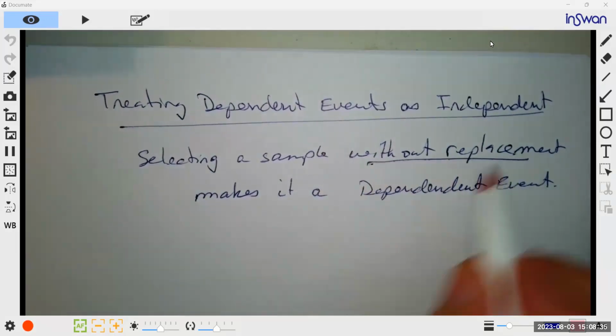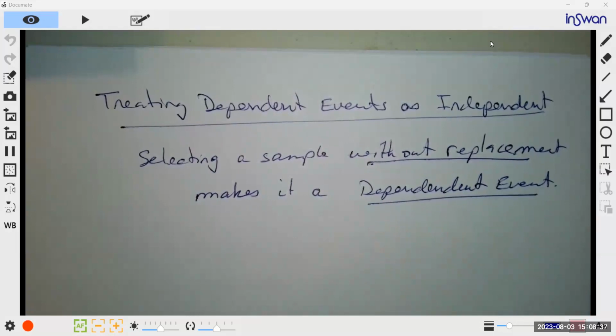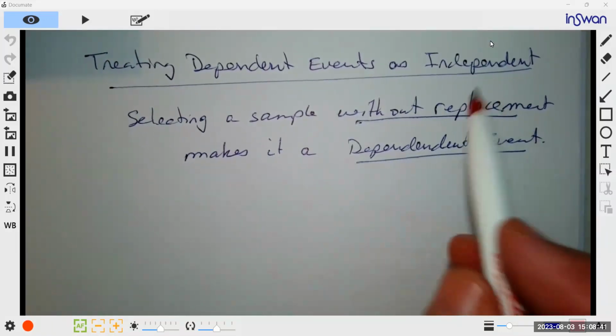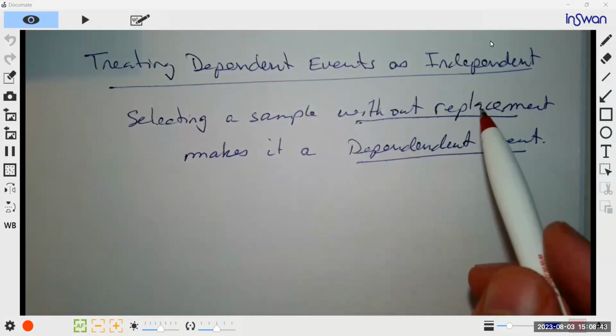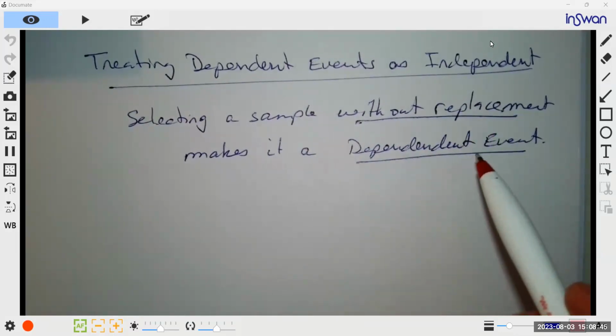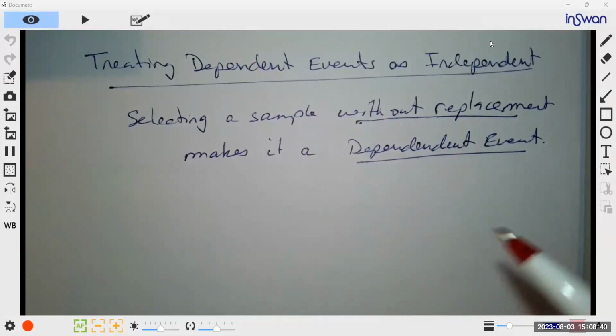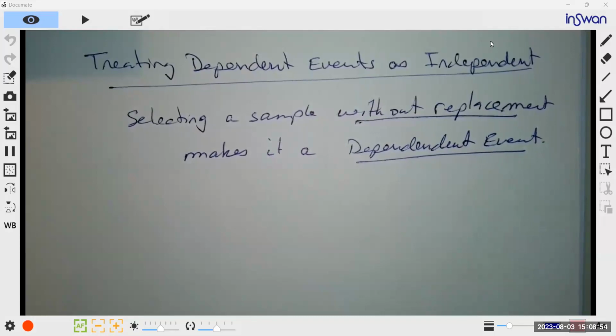So with that replacement is a dependent event. Remember, if you with that replacement, you keep the person, and then that makes the odds change for everybody after that. So that means automatically the event of the success of one person depends or influences that success on the others.